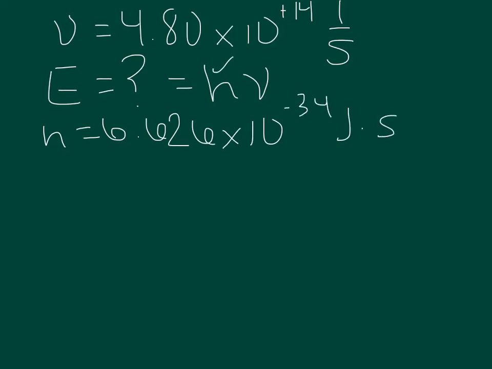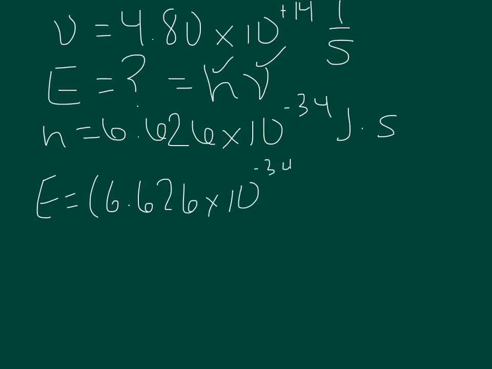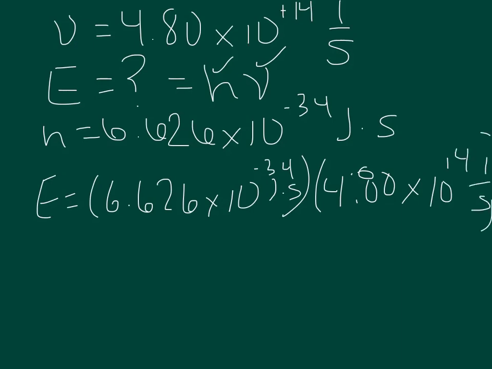Knowing my Planck's constant, knowing my frequency, I just plug both in, so I get energy is equal to 6.626 times 10 to the negative 34 joule seconds times 4.80 times 10 to the 14th inverse seconds.